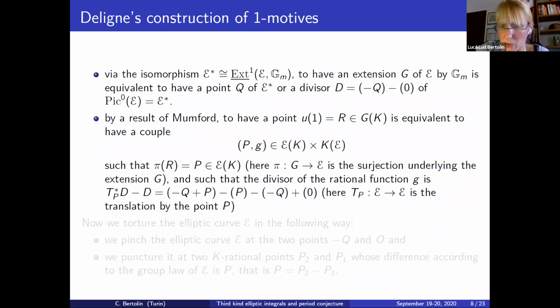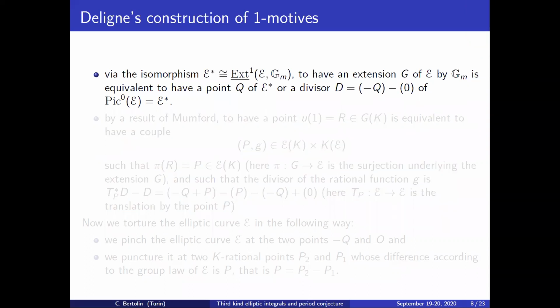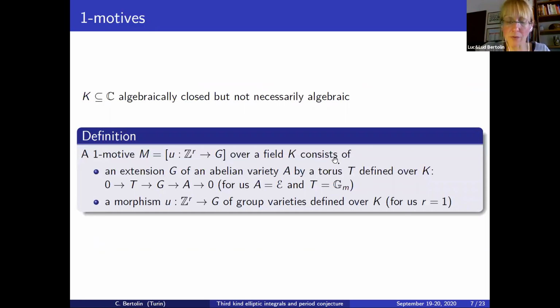The point R that you need to define if you want to have a 1-motif is equivalent to having a point P on the elliptic curve, such that the projection of R via the surjection that you have, because G is an extension of E by G_m, is just P. It is the point that appears in the definition of the 1-motif. A 1-motif is an extension of an elliptic curve by G_m, and then you need a morphism u, and this morphism u corresponds to a point R on G, because u of 1, the generator, is our R. Excellent, thank you.